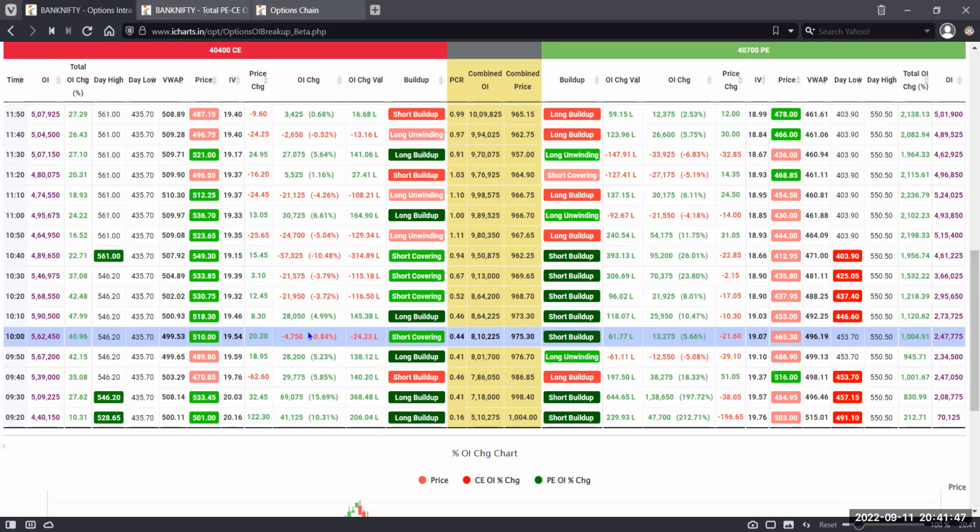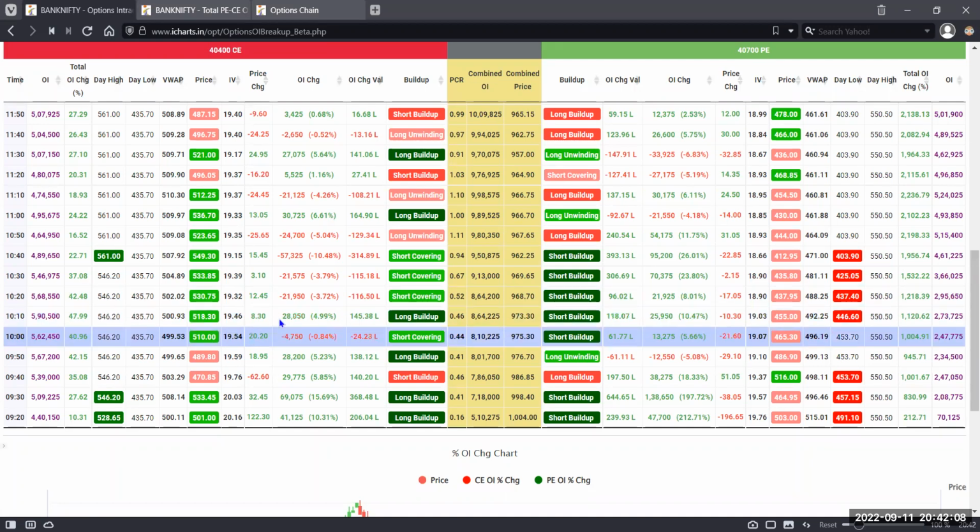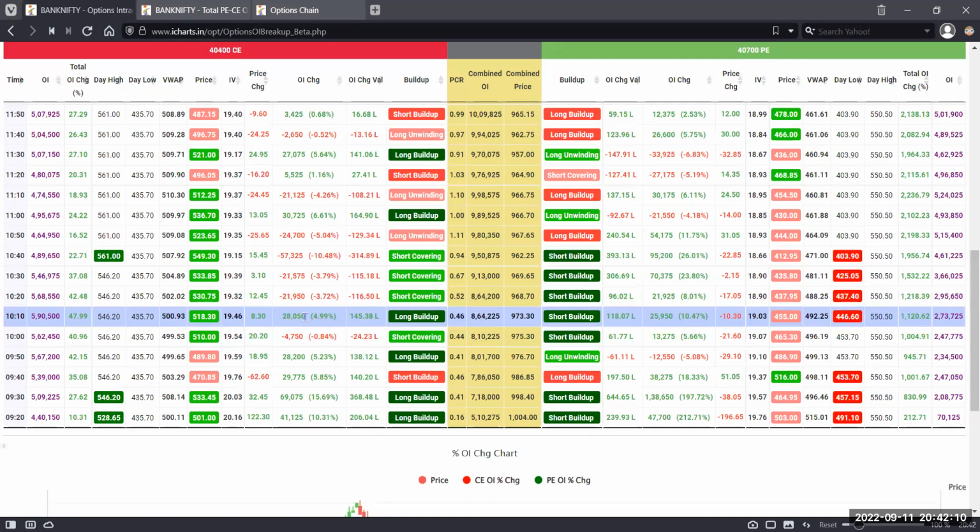Long buildup, short covering and long unwinding, all three give the same signal, but what is the significance on the call side? When we say long buildup is happening on the call side, what exactly is happening? It depends on call price and call OI change, positive call OI change. So OI is increasing and price is increasing.